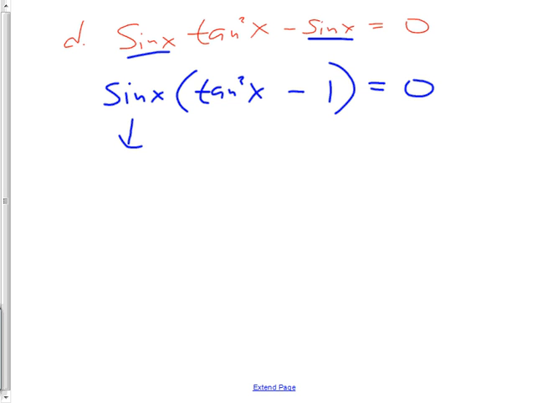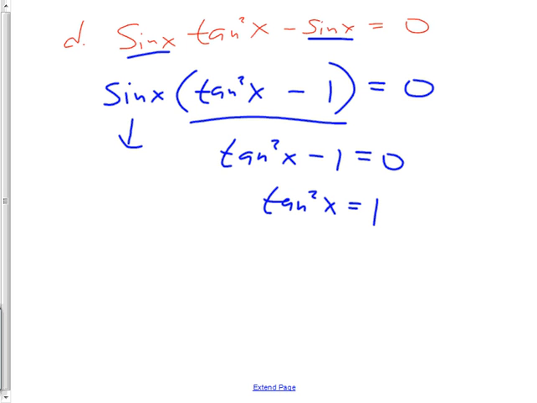Anyway, this one, tangent squared x. Let's do one with squared. Tangent squared x minus 1 equals 0. So add 1 to both sides. Tangent squared x equals 1. So then square root. If you square root both sides, what's the square root of 1? It is just 1. A lot of people think that that's positive and negative 1.